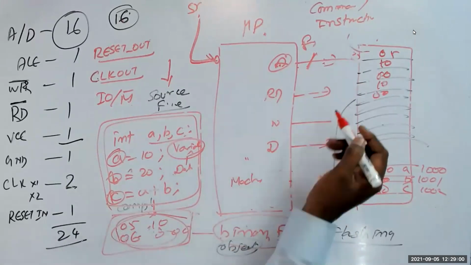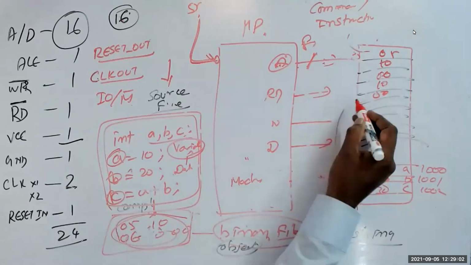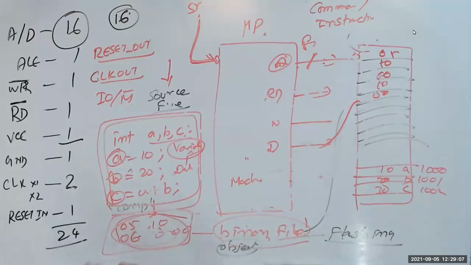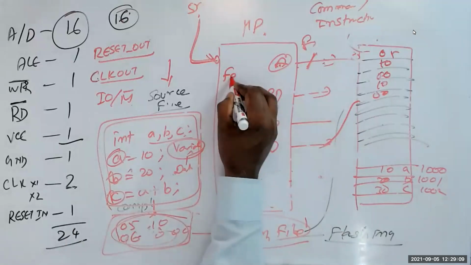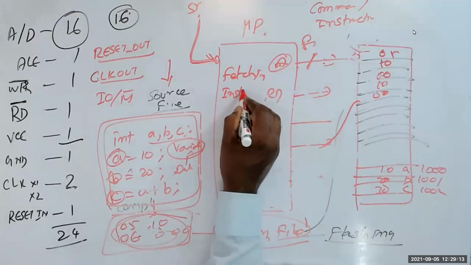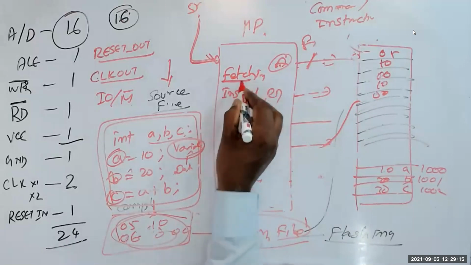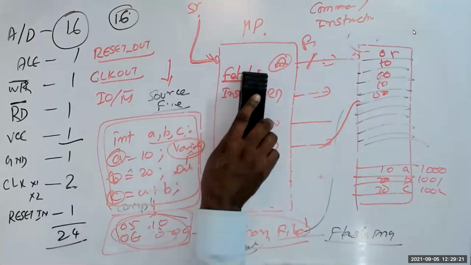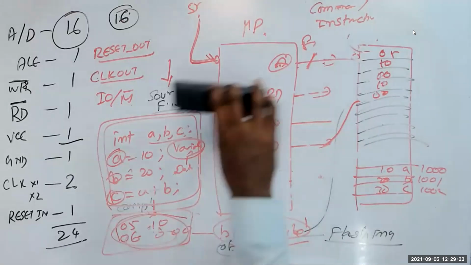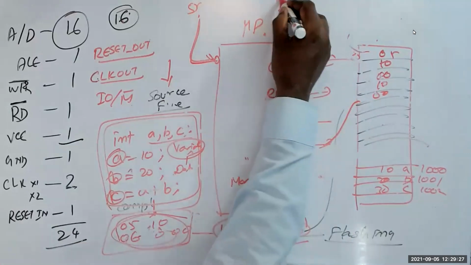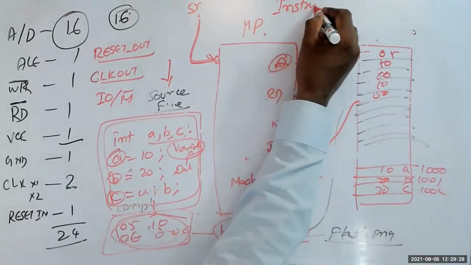So reading the instruction is called, in the industry, fetching the instruction. We use the word fetch. I can call this reading the instruction, but the industry uses the word fetching, the instruction fetch.